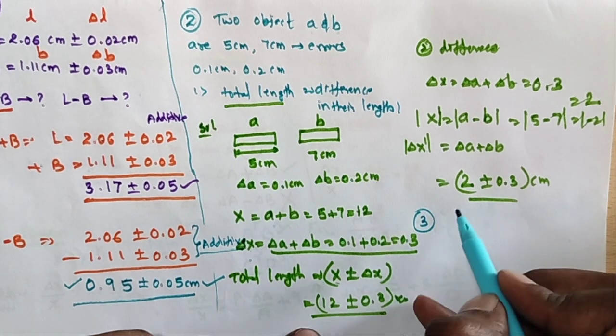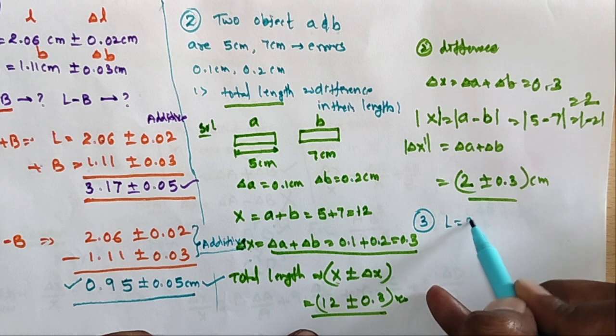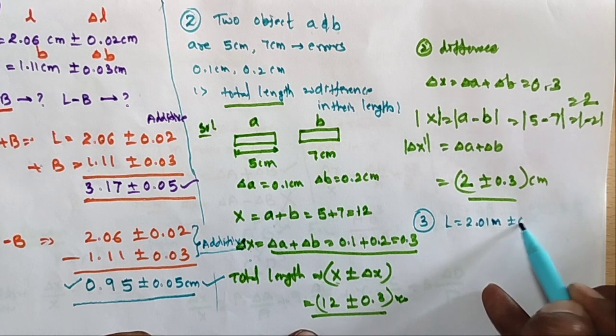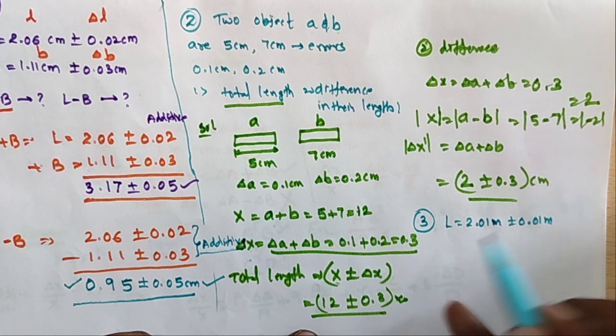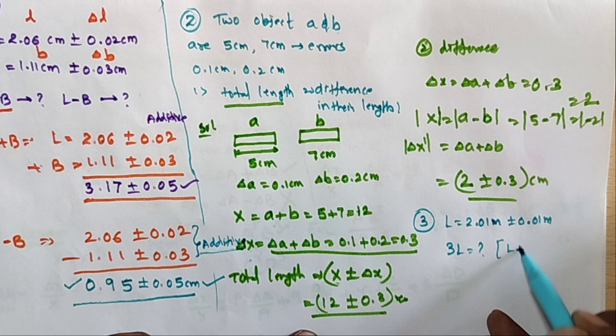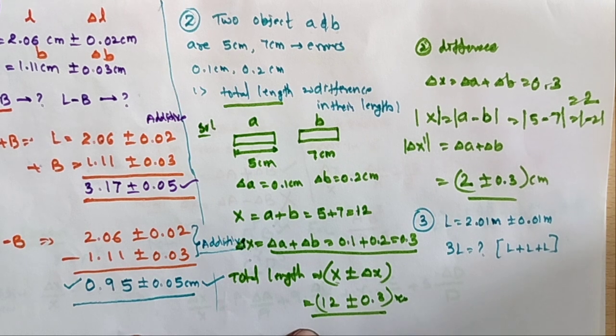Please calculate this homework problem. If L is equal to 2.01 meter plus or minus 0.01 meter, what is 3L? Calculate. 3L means L plus L plus L, just additions.